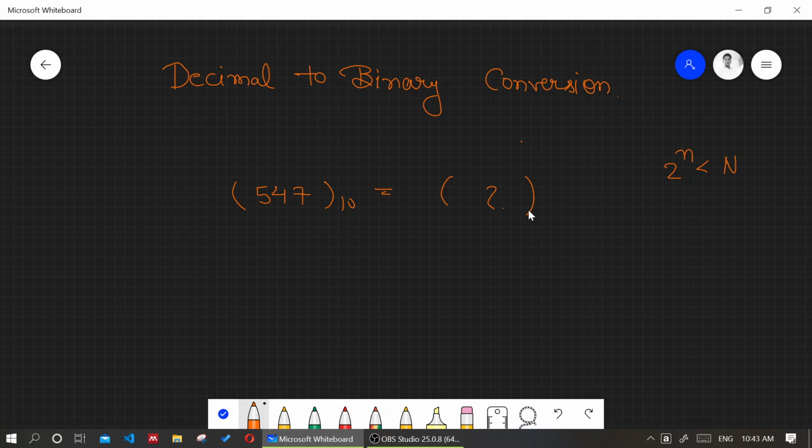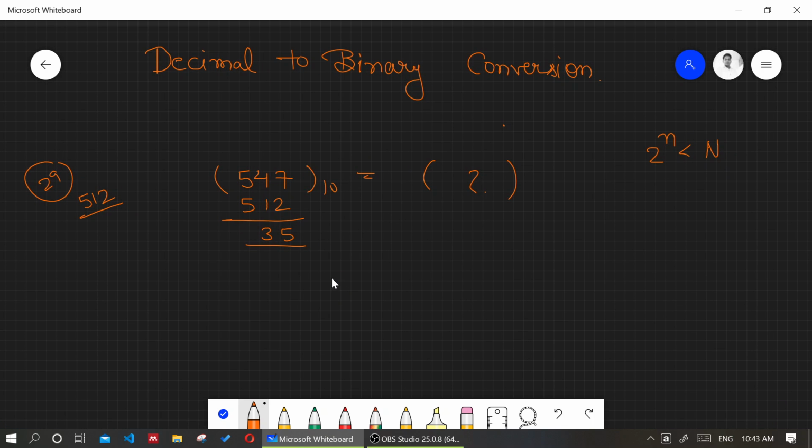So we have to find out the nearest value. It is coming out to be 512, that is 2 raised to the power 9. Simply subtract that 512 from this, so this is coming out to be 35. So first write that it is having 1 at the 2 raised to the power 9 position.